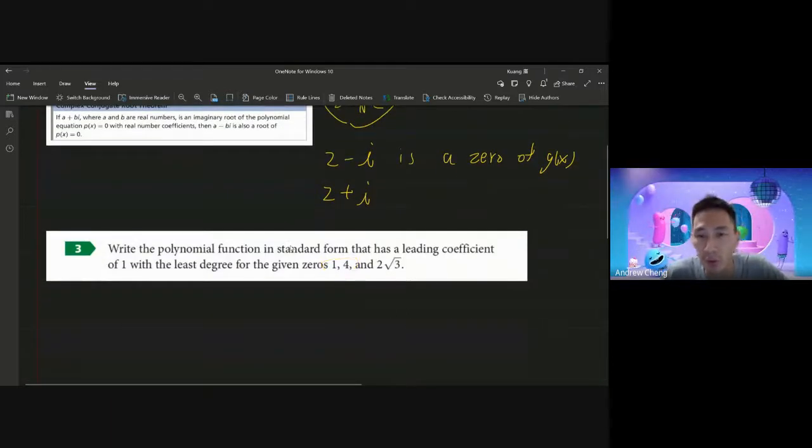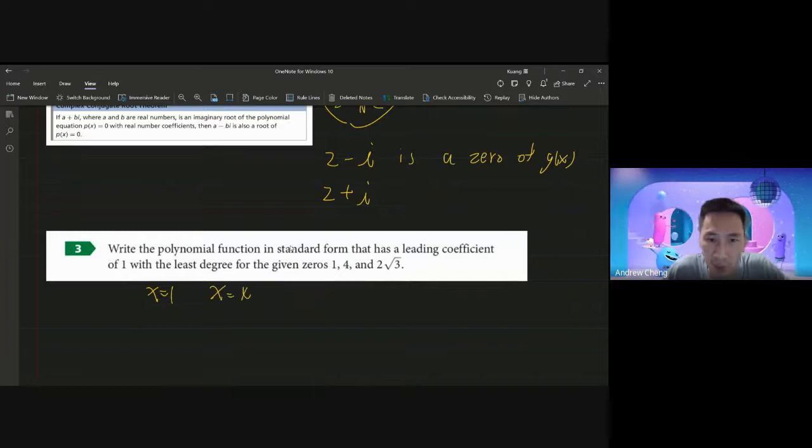So x equals 1 is a rational root, x equals 4 is a rational root. But x equals 2 root 3 is an irrational root. Irrational roots always appear in pairs. So you must have the other zero, negative 2 root 3.